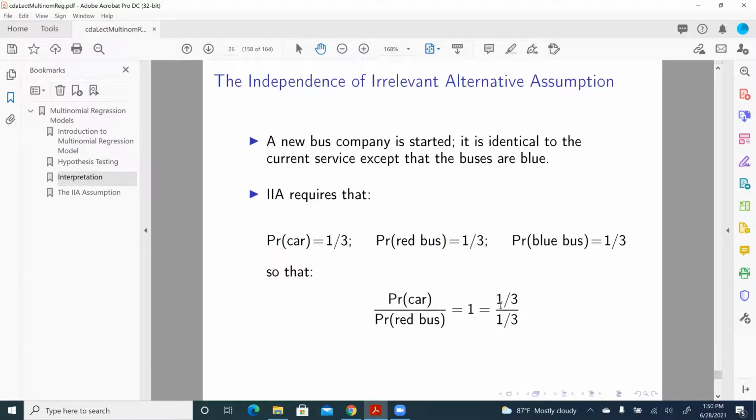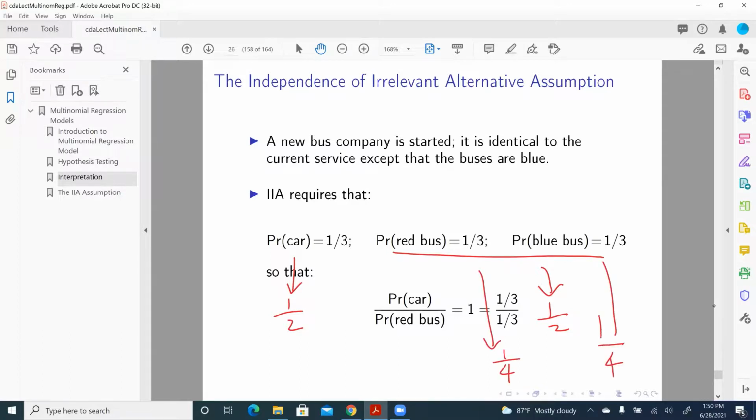So a more natural thought process would be: car is half, and red bus or blue bus is half. Then between the two, red bus is half of half, so that's a quarter, and blue bus is a quarter. Then what is the odds of car versus red bus?